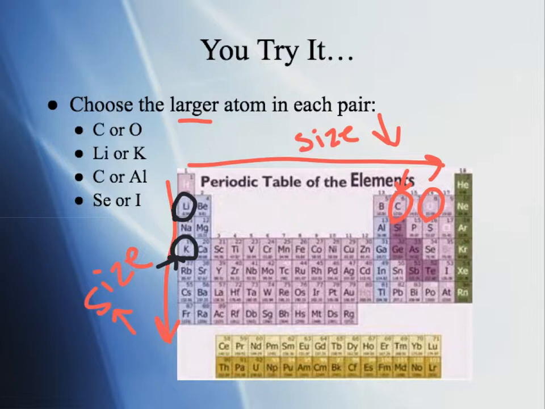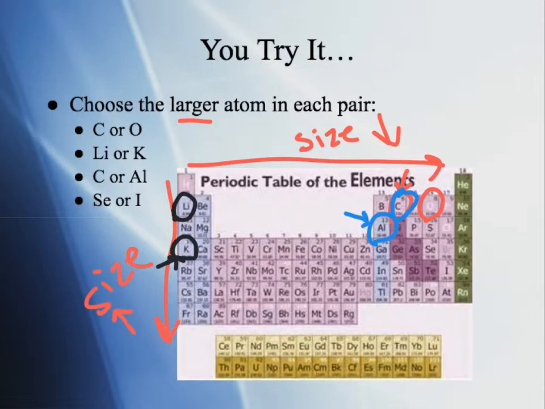Next example is carbon versus aluminum. Okay, well, let's think about this. As you go across a period, you're going to decrease. So carbon is one further to the right than aluminum, and so that's going to be smaller anyways. And then aluminum is one down, which means it's going to be bigger than carbon as well.